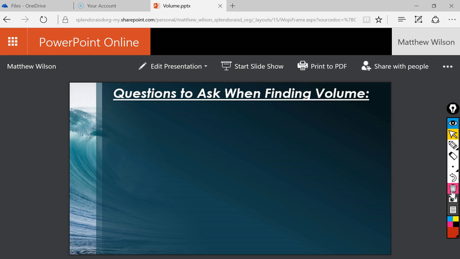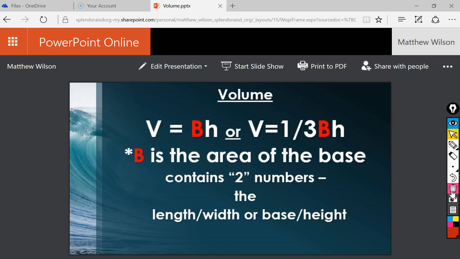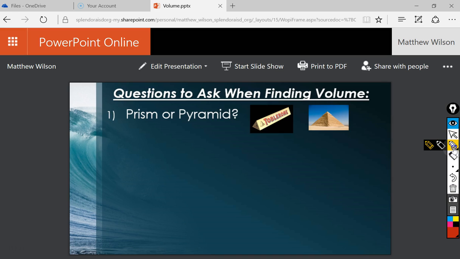So if you look at this pyramid right here, you see that it has this base down here, which looks like it's going to be a square or a rectangle, same thing. And then it has 4 points that all come together to a single vertex. And then there's one on the other side that we can't see.